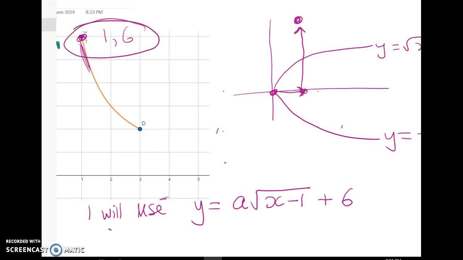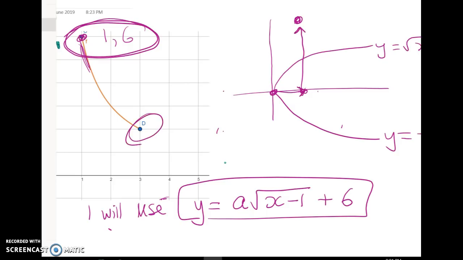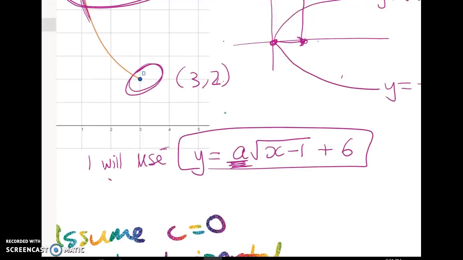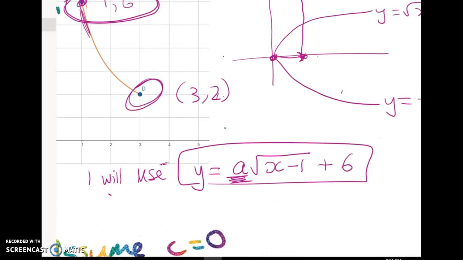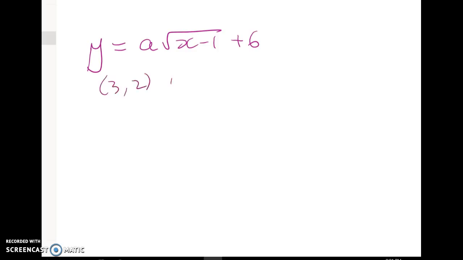So I've now used this point to form this equation. I've got one point left, which is the point 3, 2. And I'm going to substitute that in to get a value for a. All right, so let's do that. I'm going to do that on a separate page. So y is equal to a root x minus 1 plus 6. 3, 2 is on the curve.